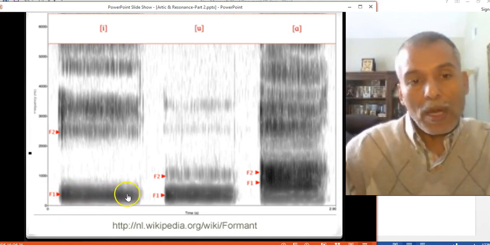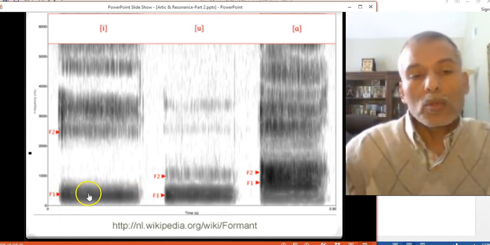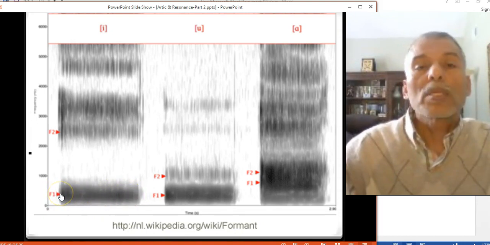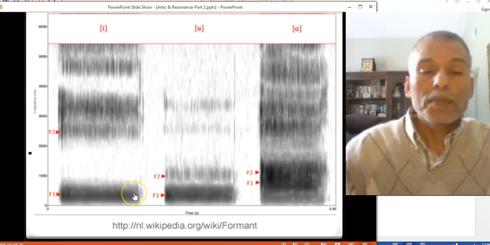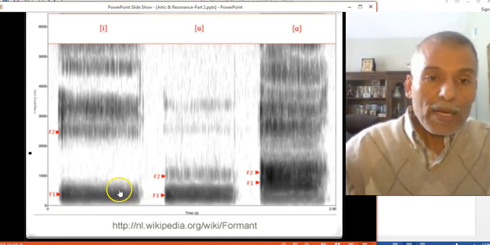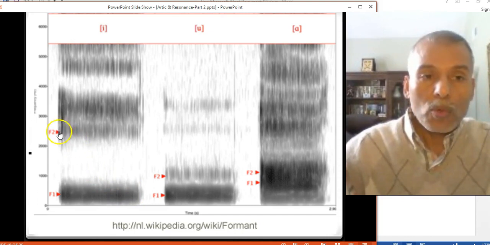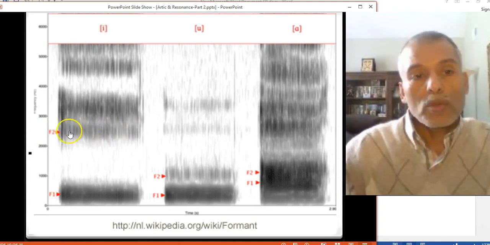That is the first time that the vocal tract is going to buzz to create a resonant frequency when the sound goes through it. When it reaches 300 hertz, it's going to start to give you that first resonant frequency. Then the second formant is going to show when the frequency reaches approximately 2,200 or 2,300 hertz.